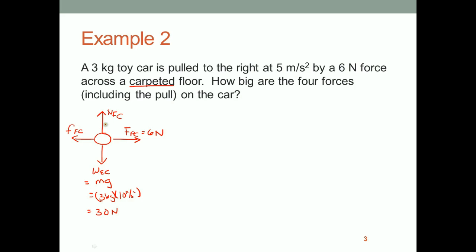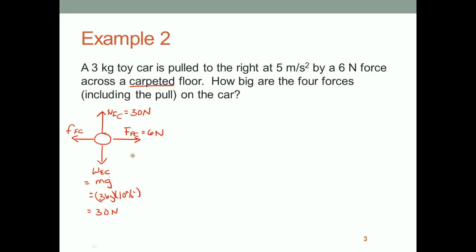The car is not flying off the floor, it's not sinking into the floor, therefore it's not accelerating upward at all. That means the normal force between the floor and the car and the weight have to equal each other, which leaves us one force to find.